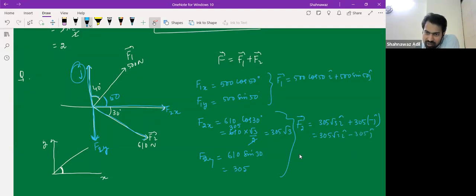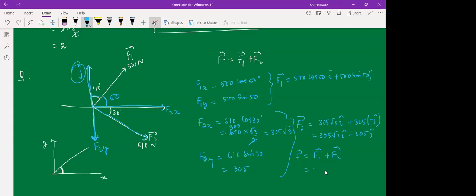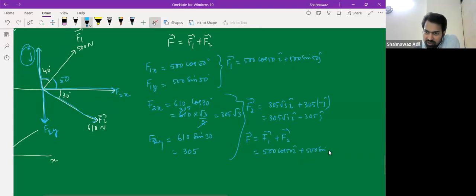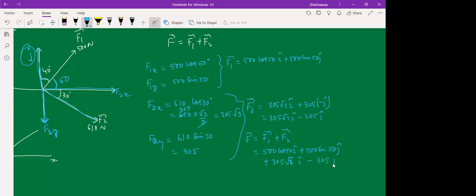Now we can calculate the resultant. So F is F1 plus F2. This would be 500 cos 50 i hat plus 500 sin 50 j hat plus 305 root 3 i hat minus 305 j hat.